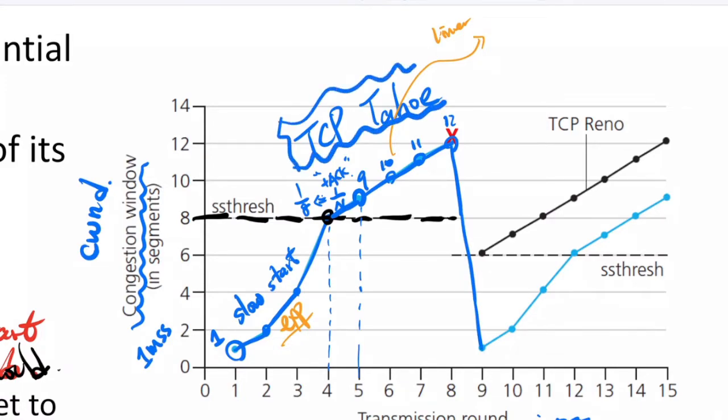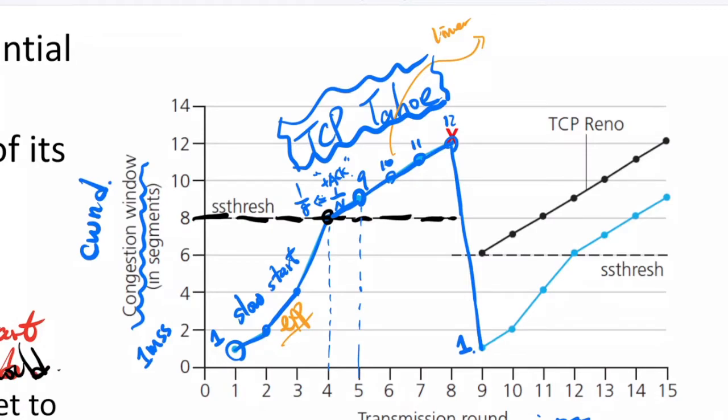TCP has several different versions, and this version is called TCP Tahoe. TCP Tahoe will decrease your congestion window to 1 if you experience an acknowledgement loss, a packet loss.